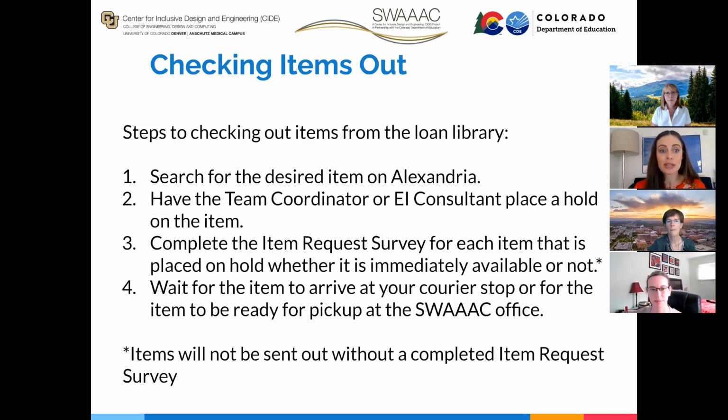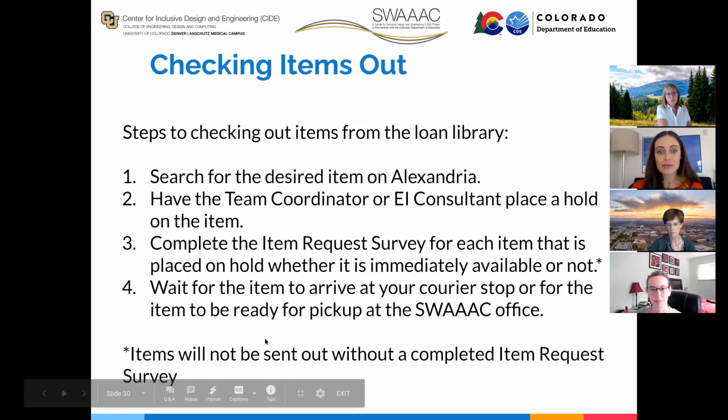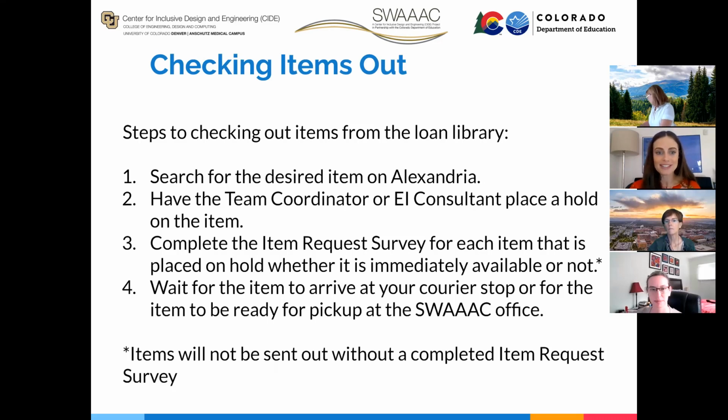You can place the hold and then do the item request survey. Like Chris said, if you don't complete the survey, we unfortunately can't send you the item. So please make sure you do that. And then the next step is just to wait for the item to arrive at your courier stop or to be ready to come pick up at the SWAAAC office.